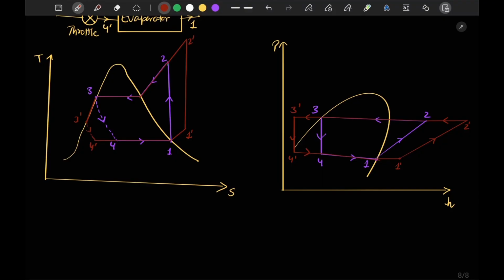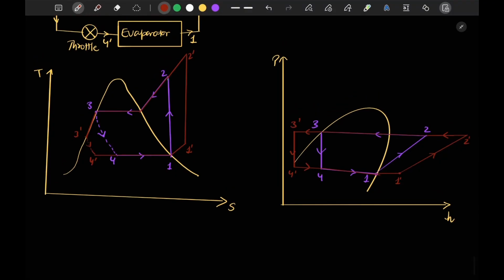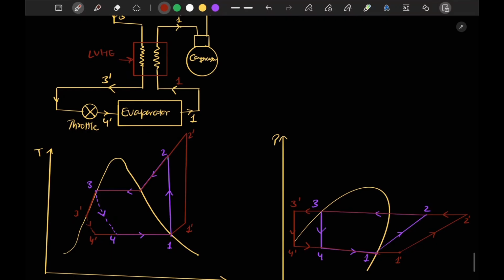From these both cycles, if we talk about processes, we can say that cycle 1 2 3 4 1 is without the liquid vapor heat exchanger. And if we include the liquid vapor heat exchanger, we will get cycle 1 dash 2 dash 3 dash 4 dash again to 1 dash.